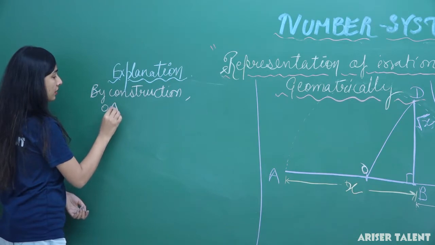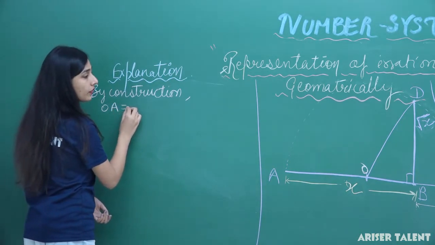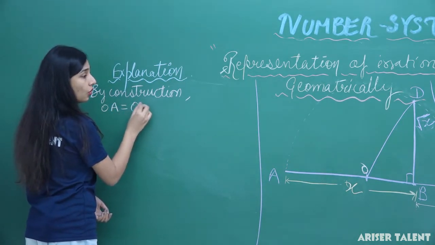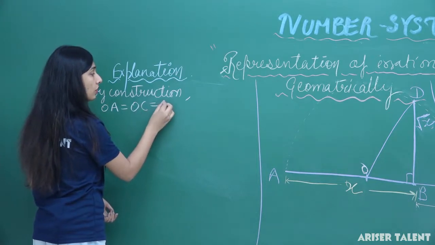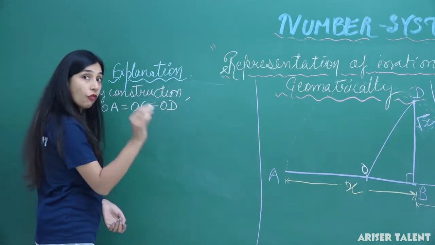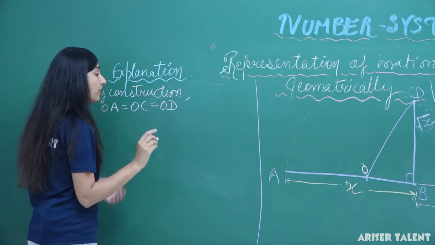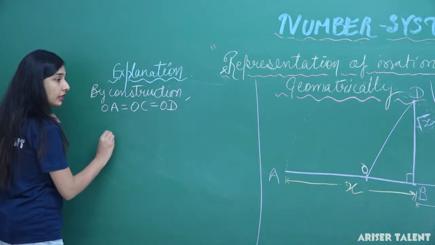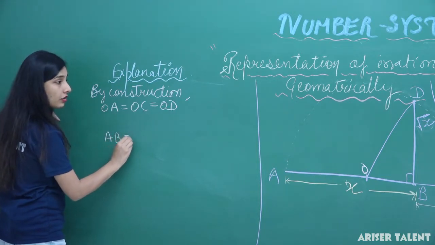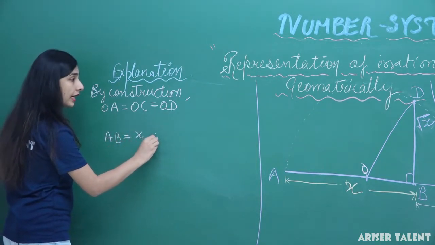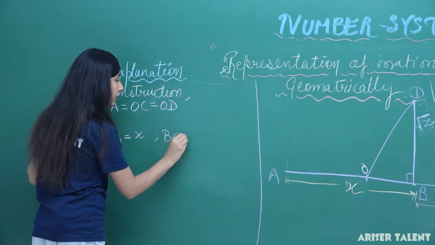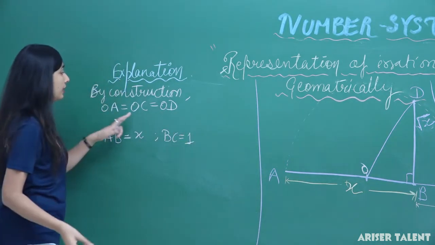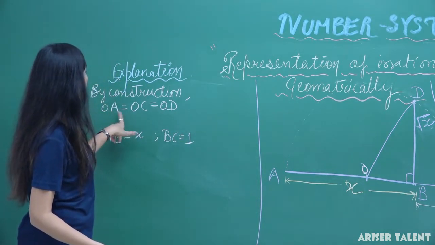OA equals OC equals OD. What is the value? We will talk about it later. First, we have drawn AB equals x and BC equals 1. Now, I am talking about OA or OC or OD.